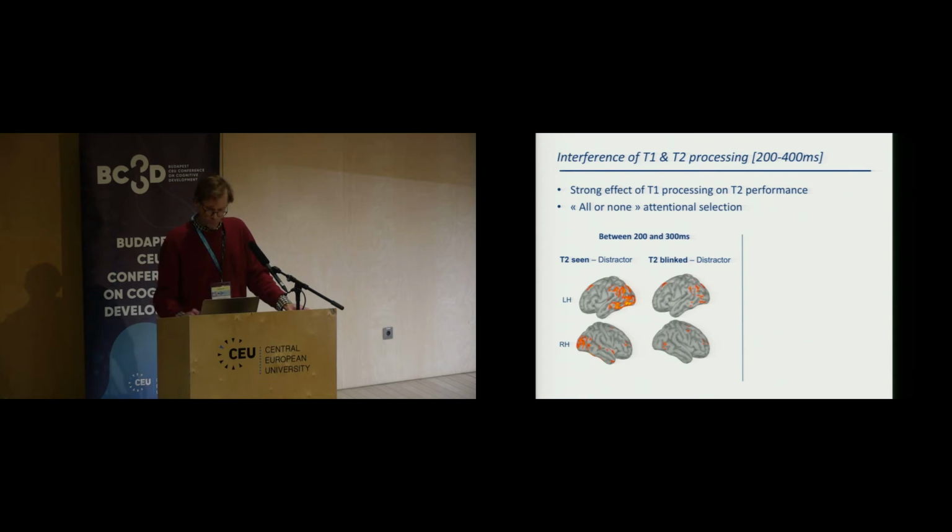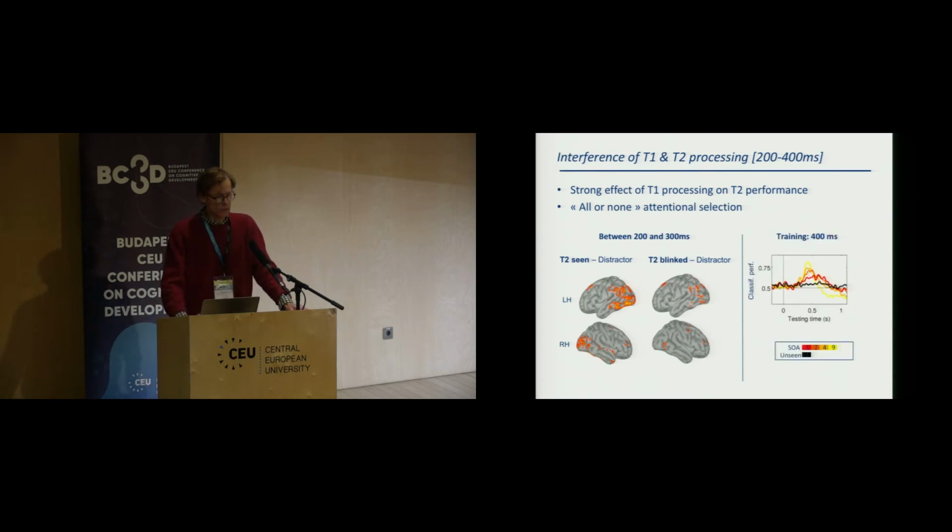Then a little bit later, at 400 milliseconds, if you look at the black curve, the decoding performance gets to 0. So it seems that the mental representation of the target has vanished.